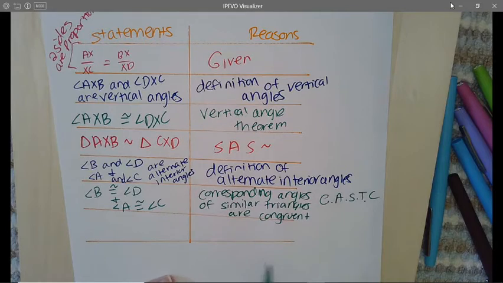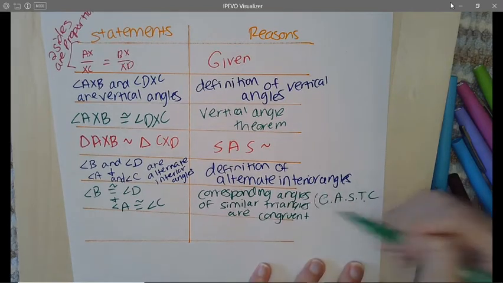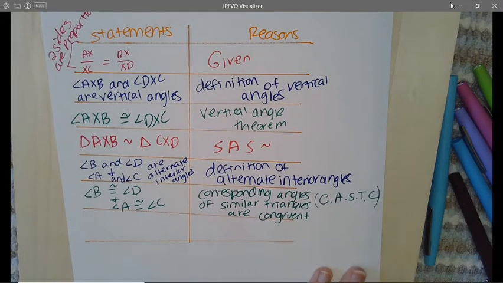Anyways, if you want to abbreviate it like that, you can. We don't use this one as often as CPCTC, but it is very true. Also, you could say corresponding sides of similar triangles are proportionate. So sides are proportionate, but angles are congruent in similar triangles. So corresponding angles of similar triangles are congruent. If you can remember what that means, you can abbreviate it.